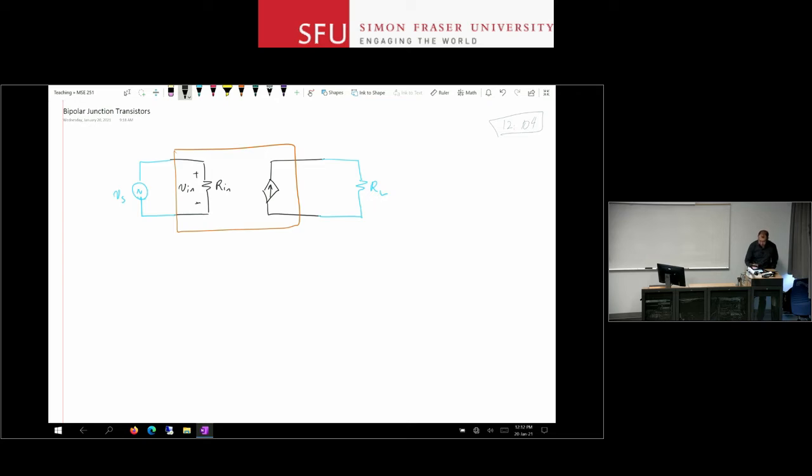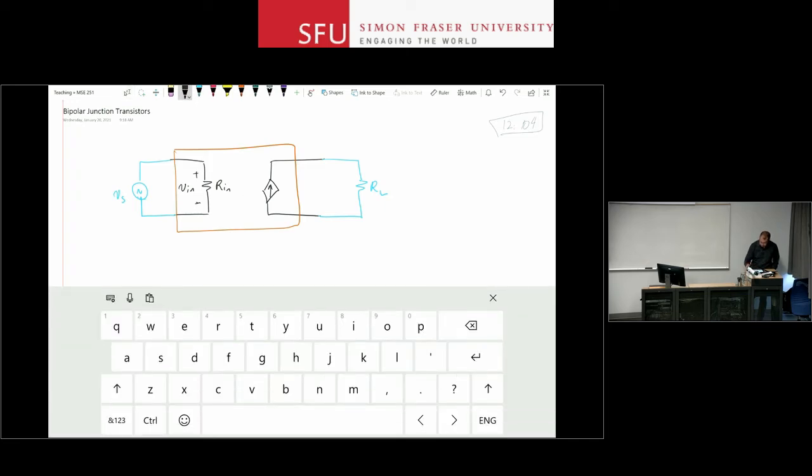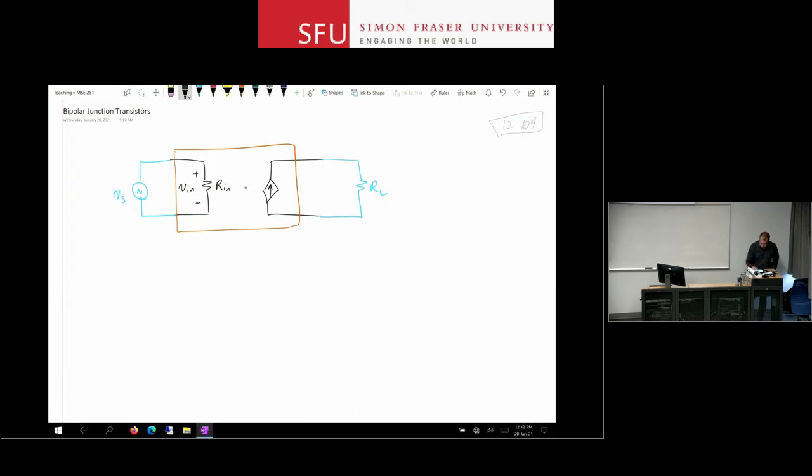This current source, I'm going to use a controlled current source. So when I draw a diamond instead of a circle, it's a controlled source. And this current source takes the voltage drop across Rin, multiplies it by a gain Gm, and produces a current, right? Or maybe I can use capital G here, to stay consistent with your textbook.